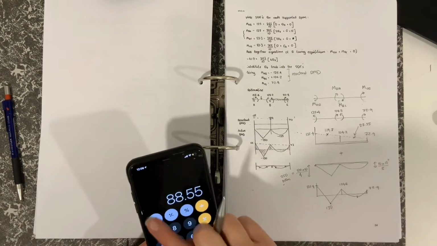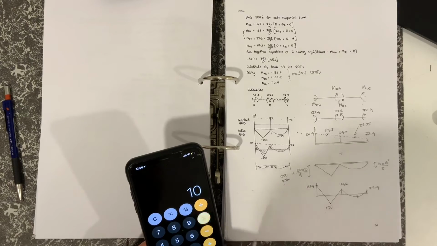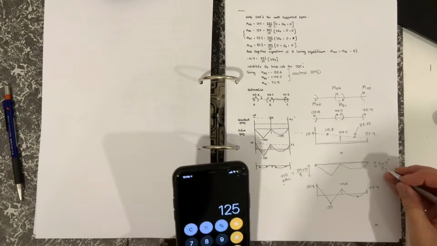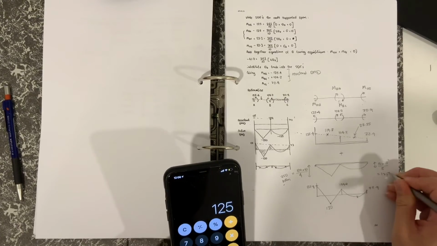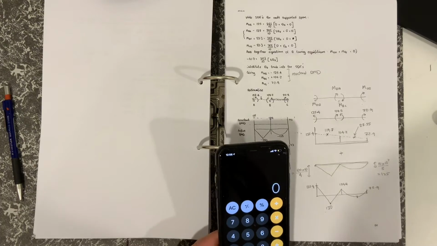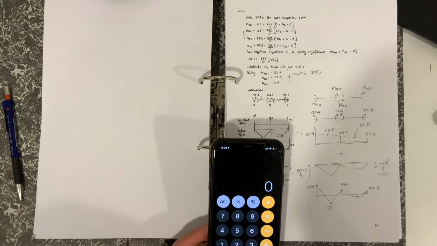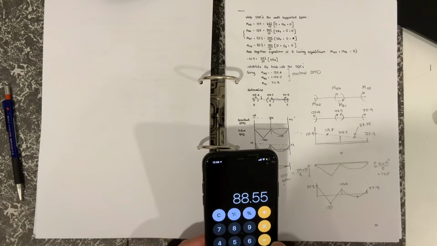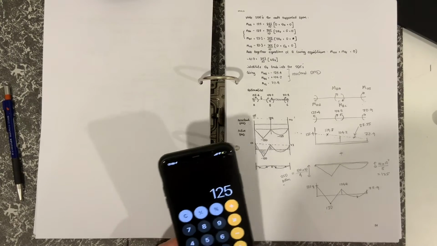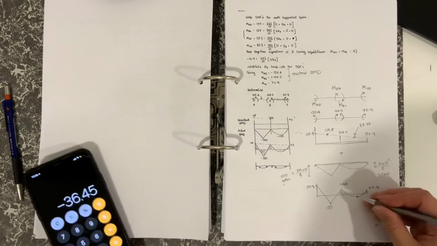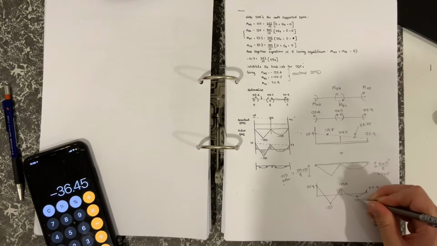And then WL squared over 8 is going to work out to be 125. So 88.55 hogging minus 125 sagging would give a value of 36.